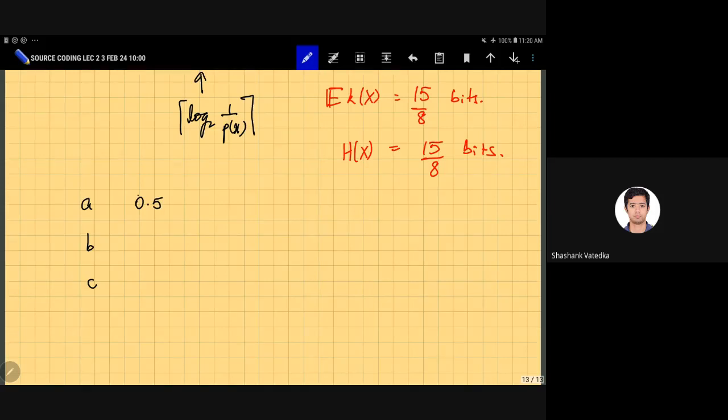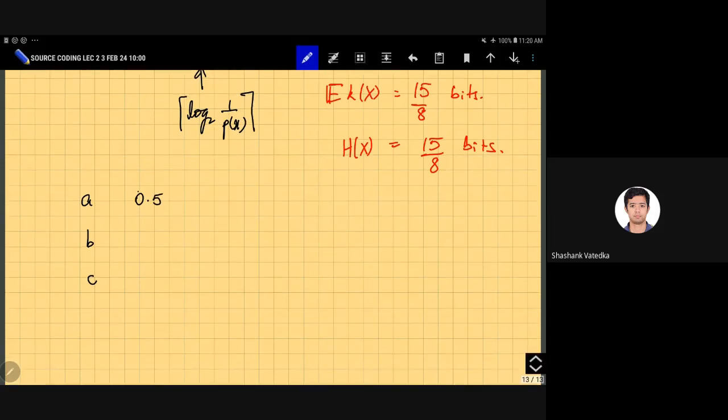The probability of B occurring is 0.499, and the probability of C occurring is 0.001. Okay.